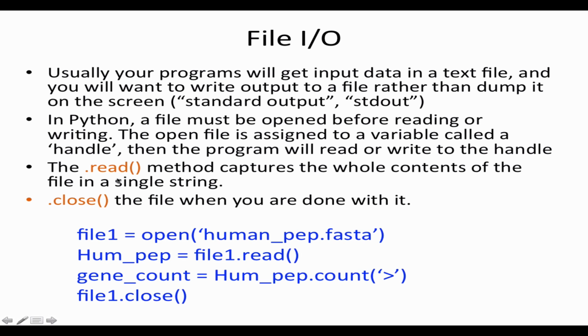So the .read method is a simple method to read all of a file into a variable. It captures the whole content of the file in a string. So this assumes that your file contains text, which is probably a good assumption. It's very hard to work with a file that contains something that's not text.